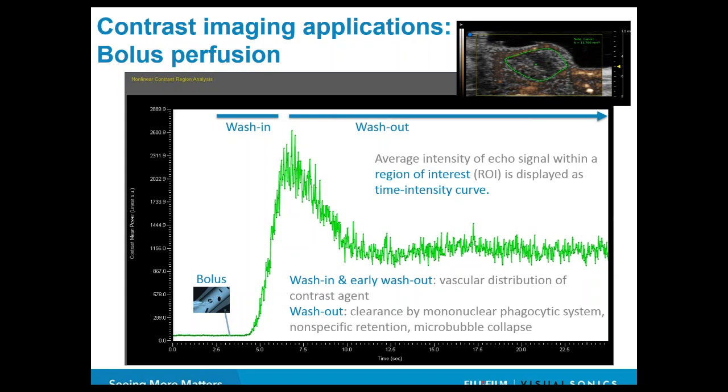And depending on how close you are to the heart, how well vascularized your tissue is, you can see this peak of the contrast agent washing in.